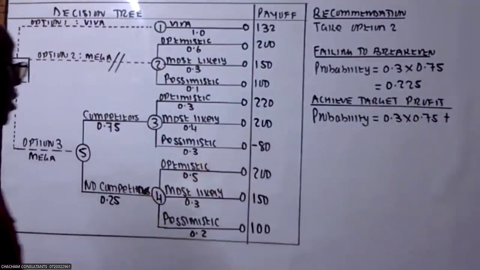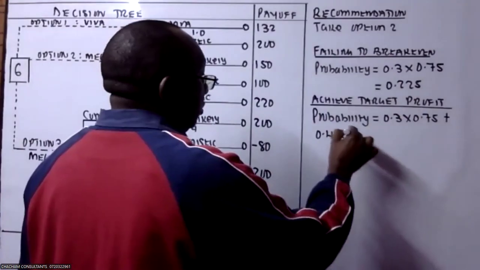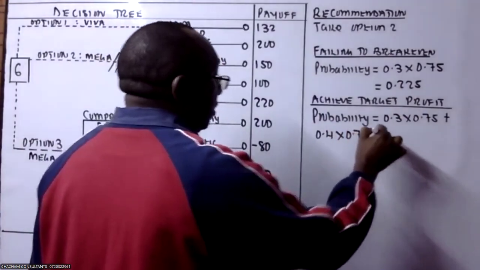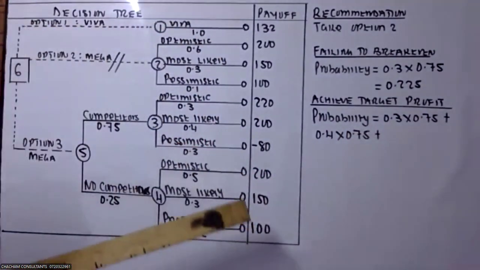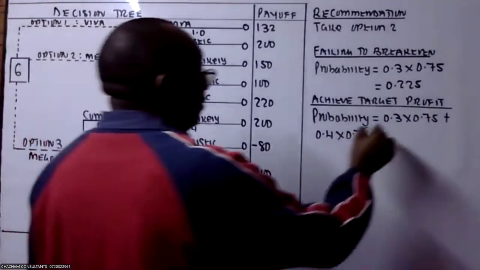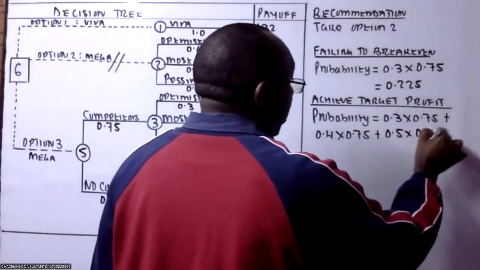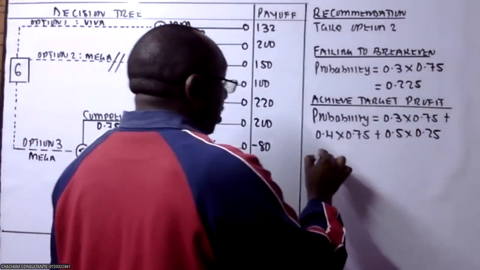These are the ones. 0.4 times 0.75 all. Hata hii 0.5 times 0.25 all.